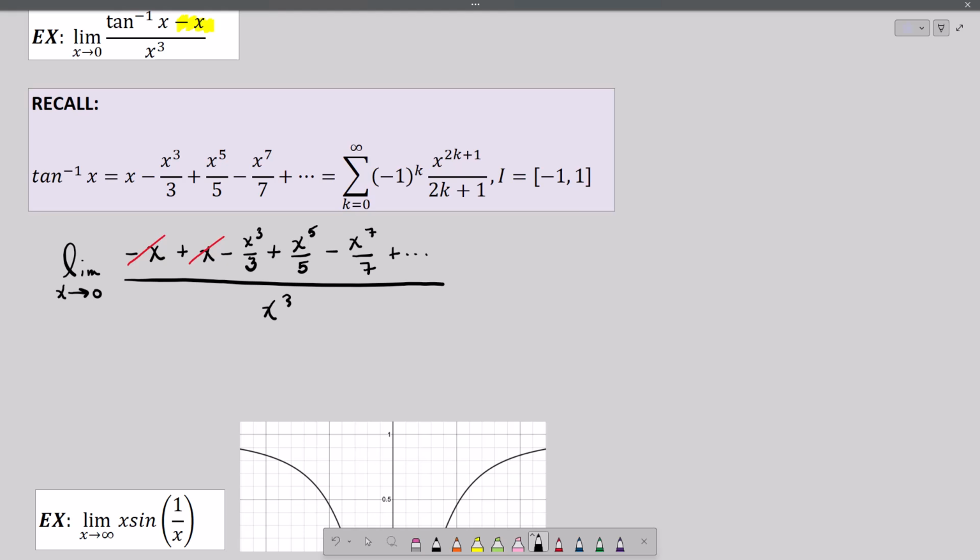Those cancel. So we have limit as x goes to 0. Now we cancel the x cubed term by term. We're going to have a negative 1/3. And then x squared divided by 5. And then x to the 4 divided by 7. Plus, etc.